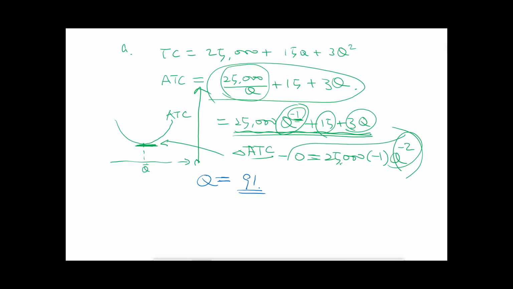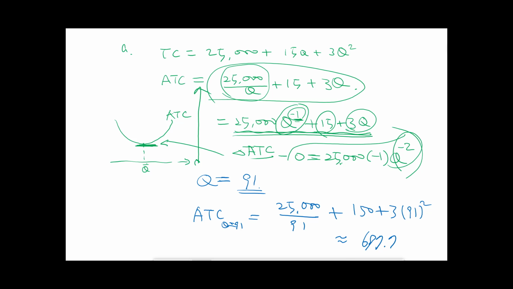So then the average total cost where Q equals 91 will be 25,000 divided by 91 plus 150 plus 3 multiplied by 91 square, which is about 697.7. So that's the answer. So that will be the price in the long-run equilibrium.